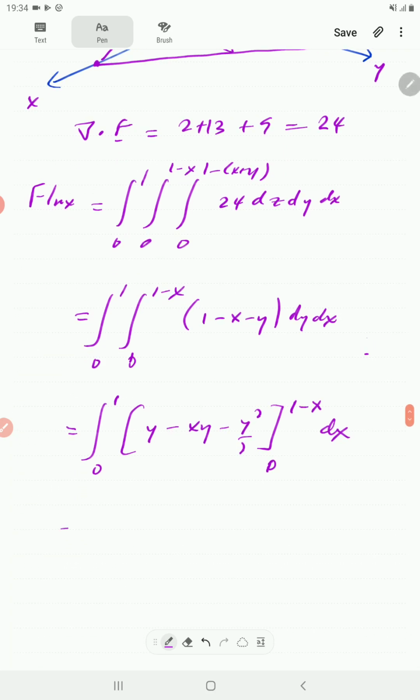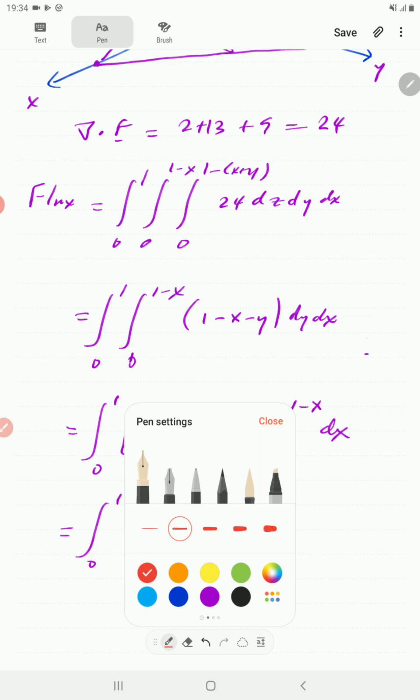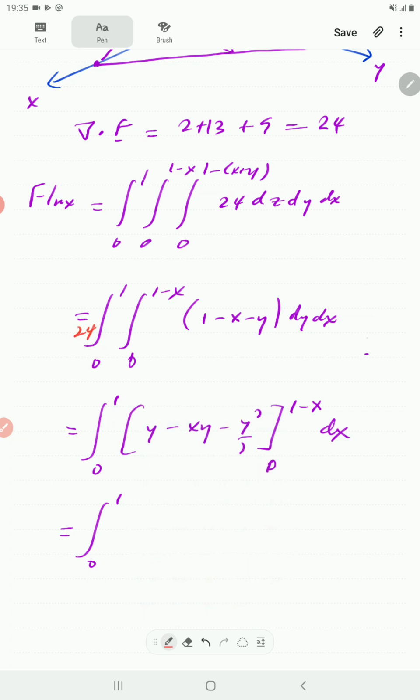Then if we do the algebra, it's just a bit of algebra. Remember the 24, so the 24 is here now. So 24 there, 24 there, 24 there. Okay, after a bit of algebra, not too much, this is going to be 1/2 minus x plus x squared over 2.